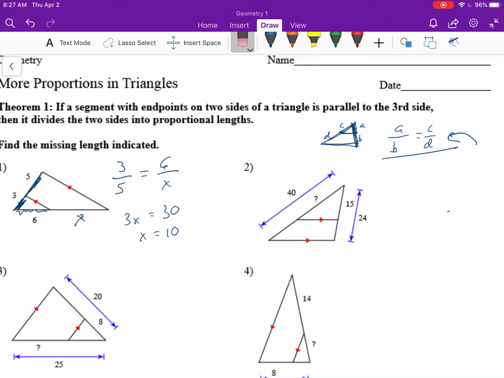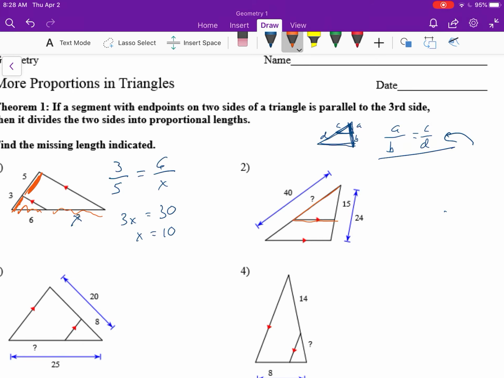Number 2 isn't just dealing with the 2 segments as in number 1. It's got some longer sides here. So actually, we don't even really need to use the new theorem. We can use the fact that these are similar triangles. We have the smaller triangle and the larger triangle, and those are similar because of angle, angle.